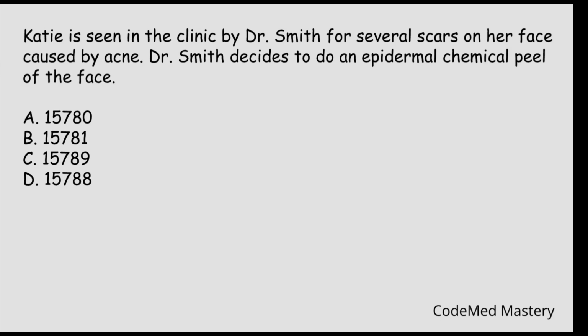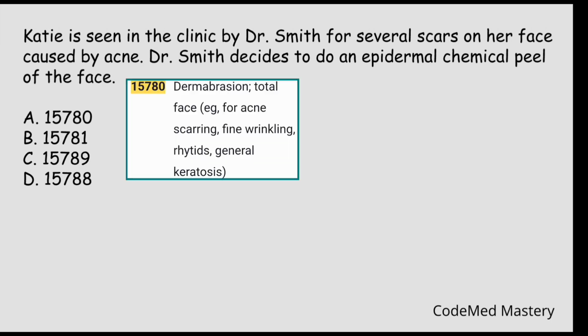Read the question. Katie is seen in the clinic by Dr. Smith for several scars on her face caused by acne. Dr. Smith decides to do an epidermal chemical peel of the face. Let us check the options. Check option A, 15780. 15780 is for dermabrasion, total face, for example for acne scarring, fine wrinkling, rhytids and general keratosis.